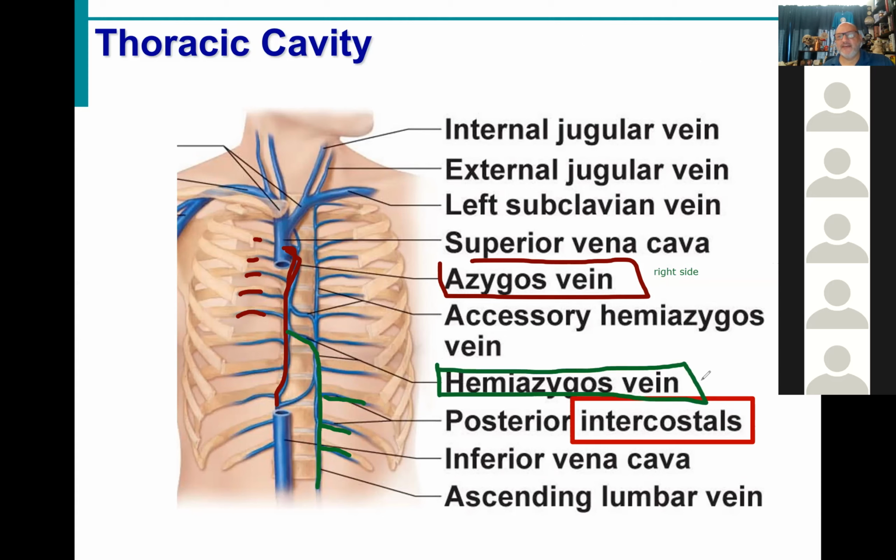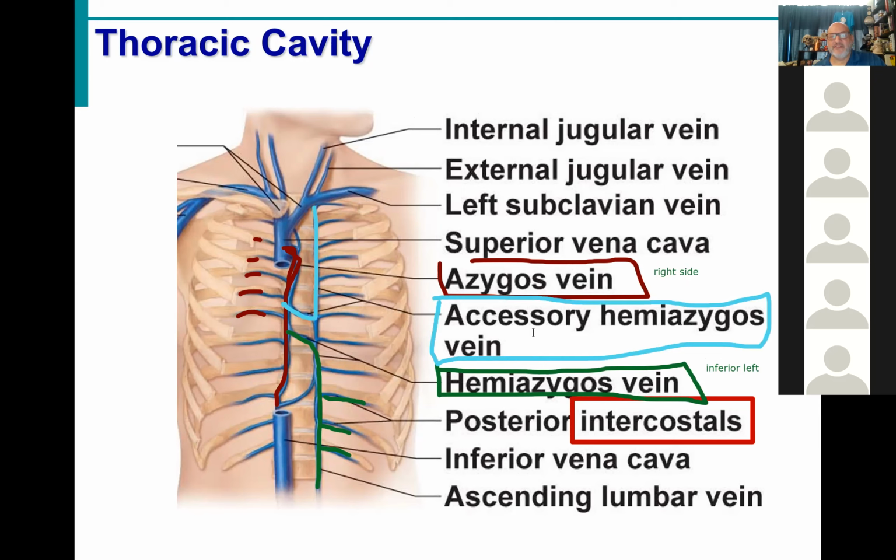So the hemiazygous drains the inferior left side. But don't we still need to drain the superior left side? Yep. Well, lucky for us, the hemiazygous has help. And that help comes in the form of the accessory hemiazygous.